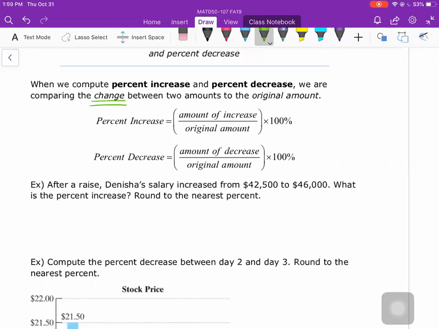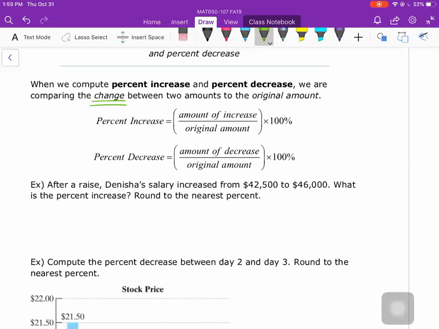So when we think about change, how do we determine change? Let me give you an example. If I talk about the change in temperature, how would you determine the change if I gave you two temperatures? You'd subtract. Change is subtraction.